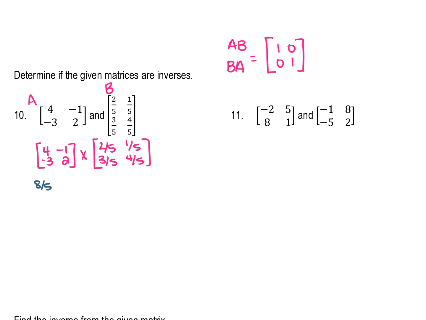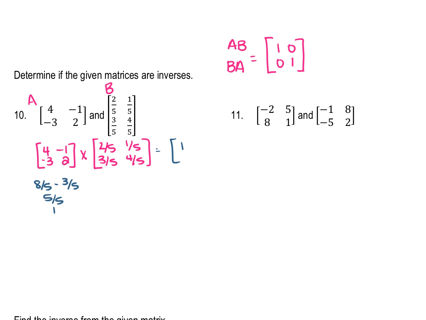Negative 1 times 3/5 is negative 3/5. When we subtract these, that gives us 5/5, which is 1. So that first number is going to be 1.